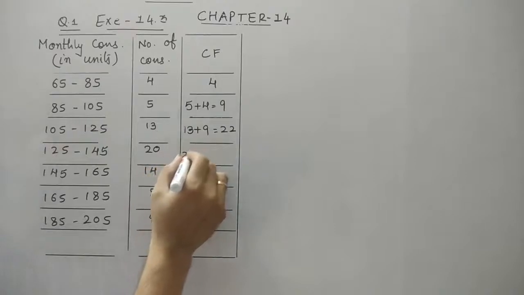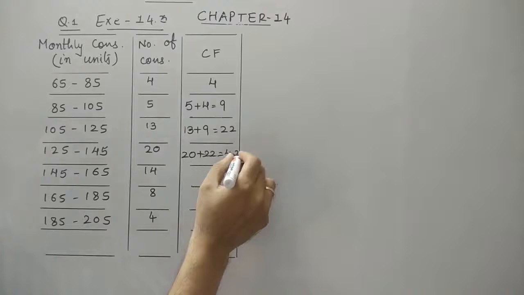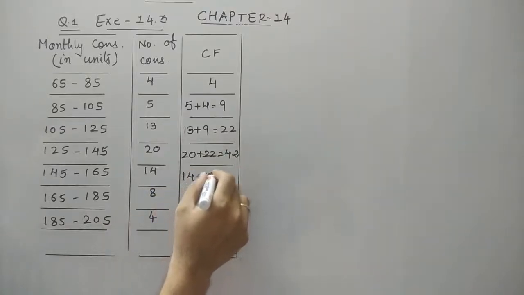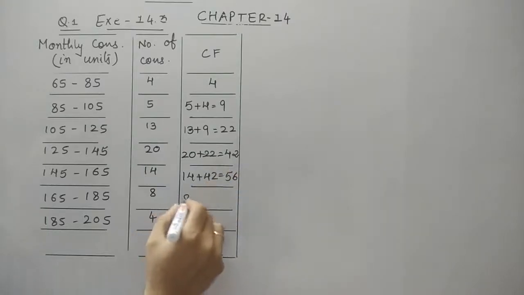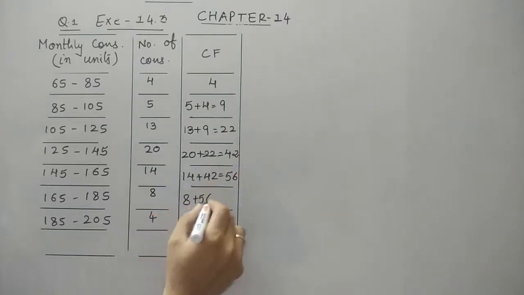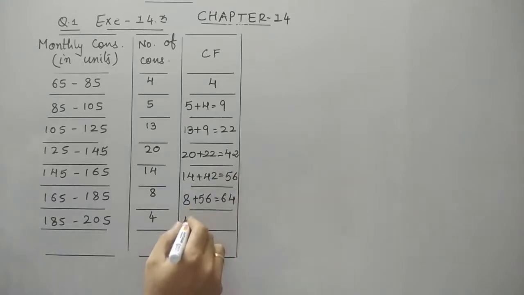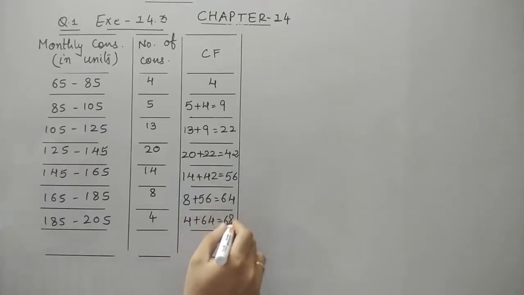Next, 20 plus 22, that is 42. Next, 14 plus 42, that is 56. 8 plus 56 is 64, and 4 plus 64, that is 68.